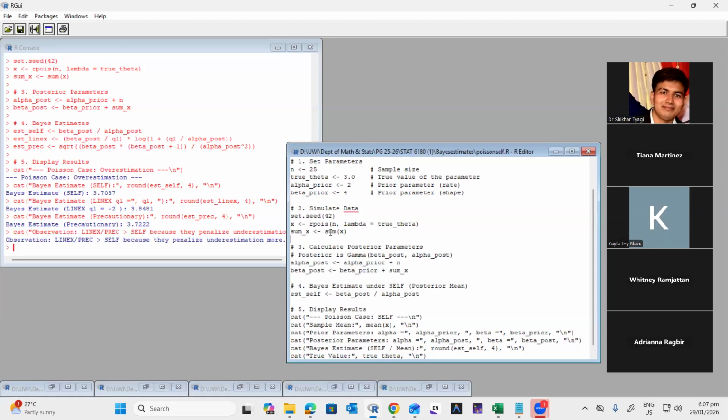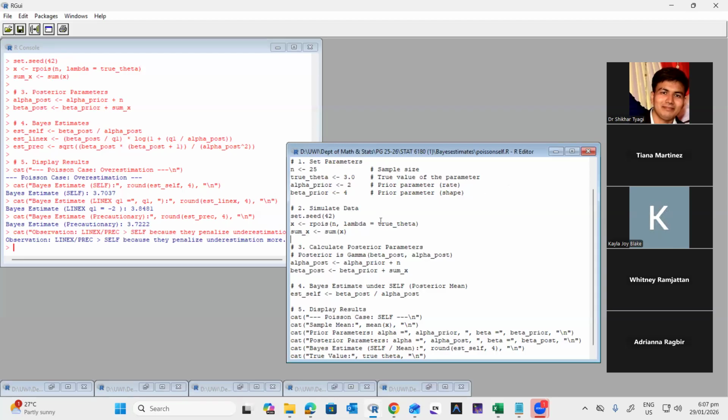First of all, we need to generate a random sample from the Poisson distribution. I hope you know how to generate a random sample in R for the Poisson distribution. Are you aware of that? Okay.